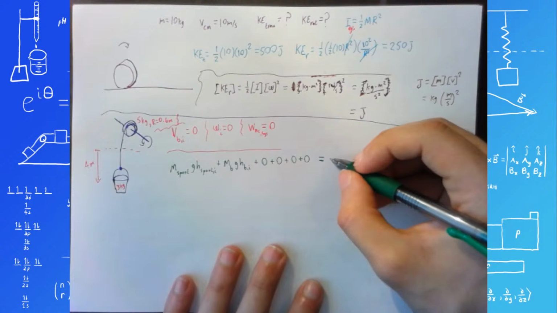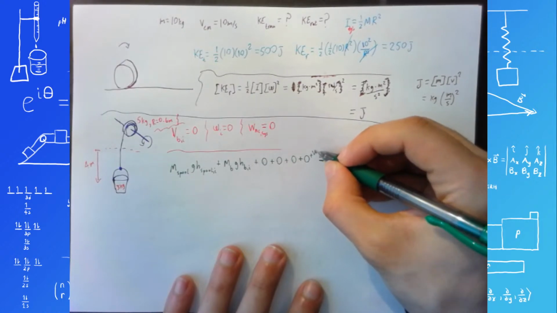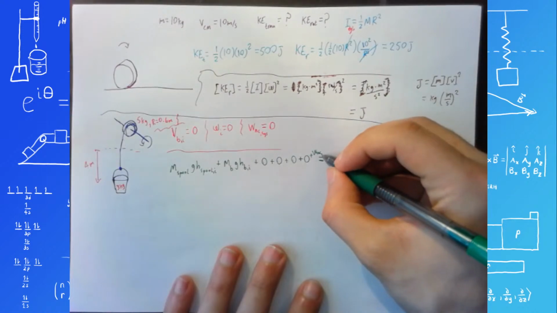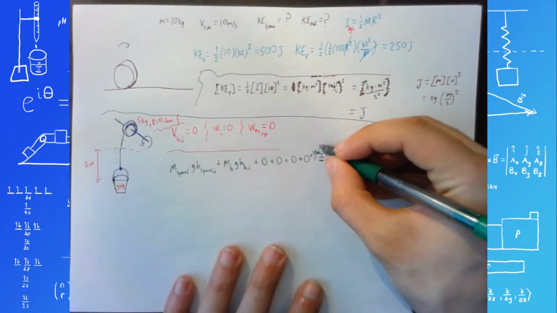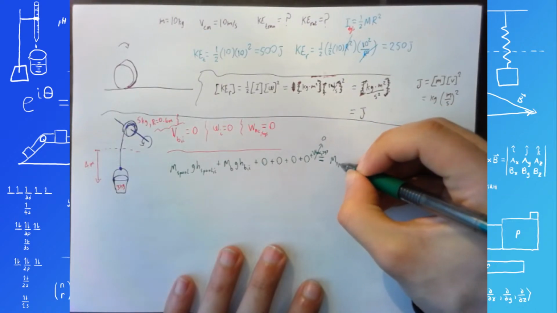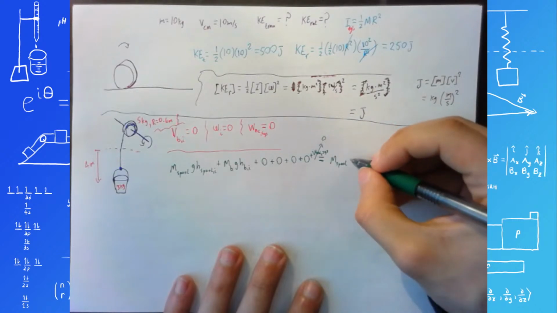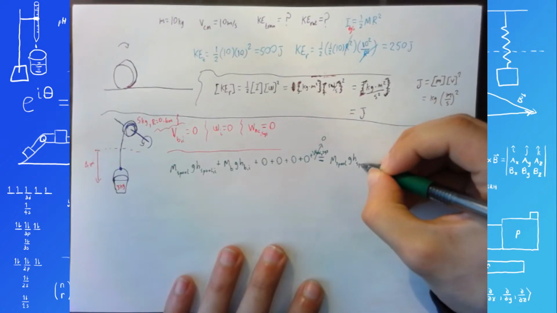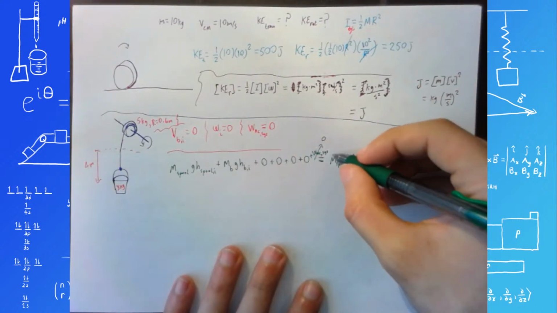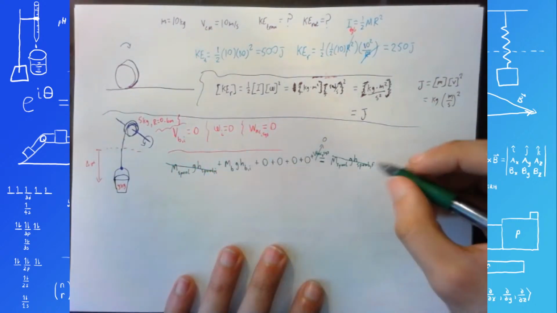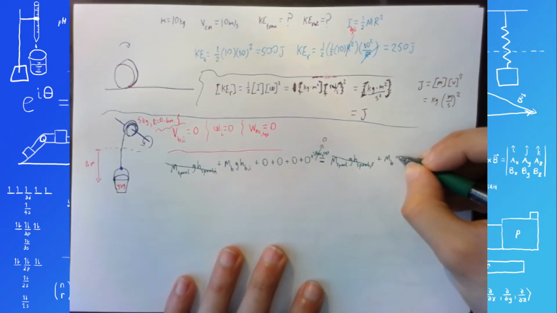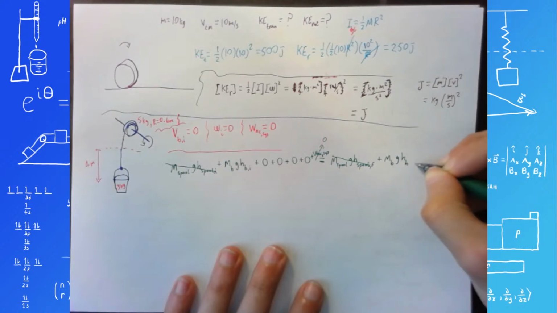Okay, after, and I guess plus non-conservative work of the bucket plus non-conservative work of the spool, non-conservative work of the system, in other words, which is another 0. Equals m spool, I should have just called it ms, g h spool final. Well, h spool final and h spool initial are the same, so these are going to cancel each other out. Plus m bucket g times h bucket final.